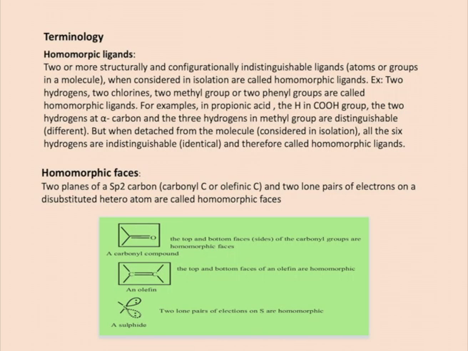That means the carbon must be in the sp2 hybridized state, right. So for the homotopic ligands the carbon must be in the sp3 hybridized state, and for the faces the carbon must be in the sp2 hybridized state here.